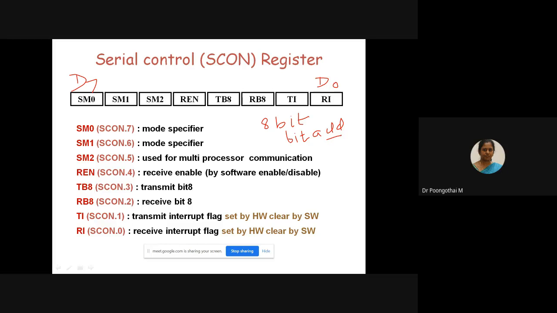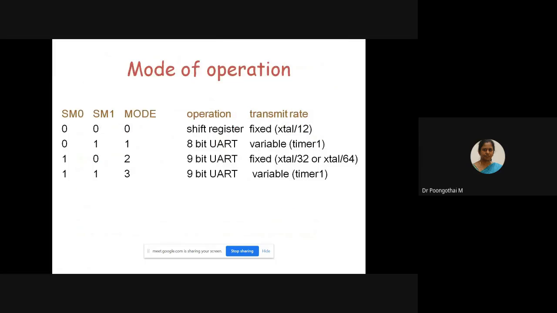First we start with these two bits, SM0 and SM1, that is D7 and D6. These two bits define the modes of operation, the serial modes. Please look at this table.